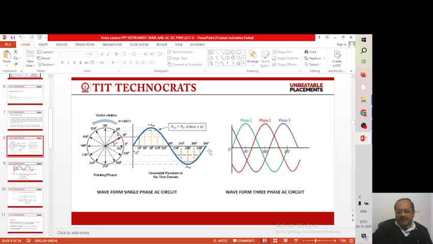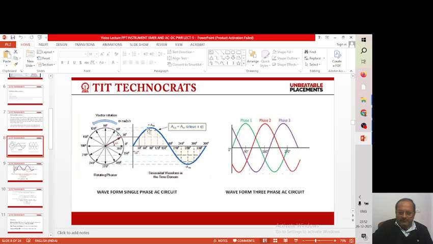This is the time axis and this is the voltage or amplitude of this waveform. If we take voltage or current on the y-axis and time on the x-axis, then this is a time domain parameter.